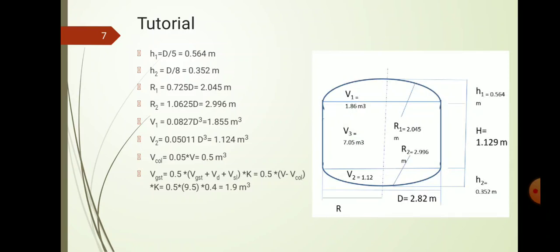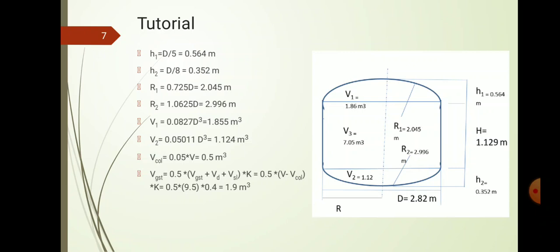So this is the geometrical dimension marked. Already we found V1, the volume of the top portion, V2, the volume of the bottom portion, then V3 will be the remaining volume. The total volume is 10 meter cube, so if you subtract V1 plus V2 from 10, we get V3. R1, R2 is another important dimension we require.